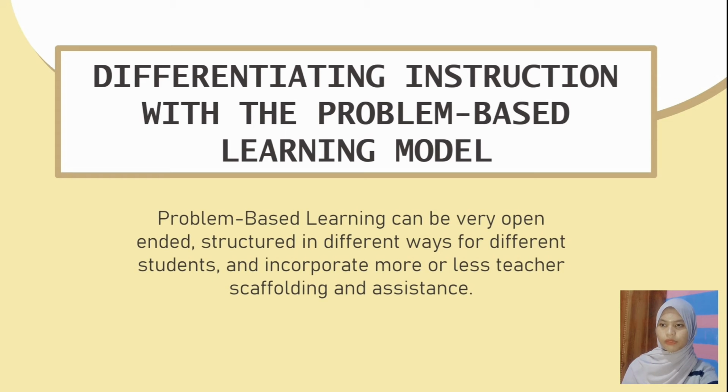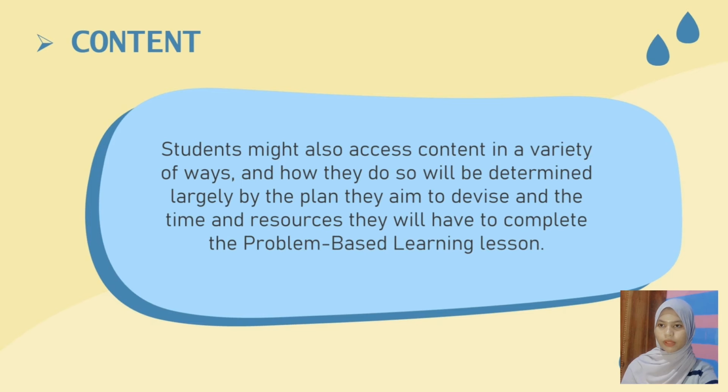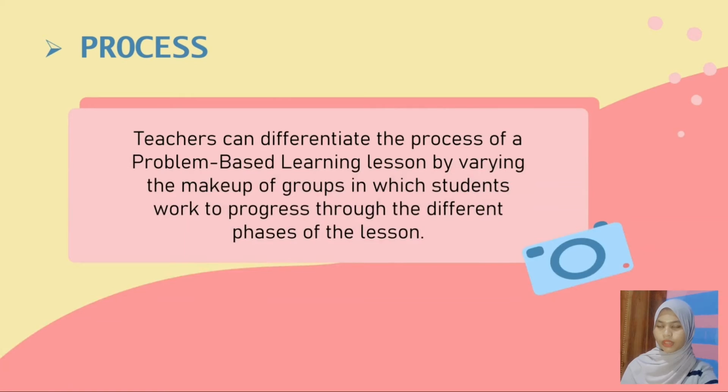Next, differentiating instruction with the problem-based learning model. Problem-based learning can be very open-ended, structured in different ways for different students, and incorporate more or less teacher scaffolding and assistance. Next, content. Students may also access content in a variety of ways, and how they do so will be determined largely by the plan they aim to devise and the time and resources they will have to complete the problem-based learning lessons.